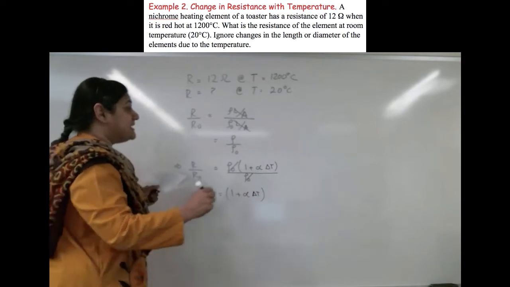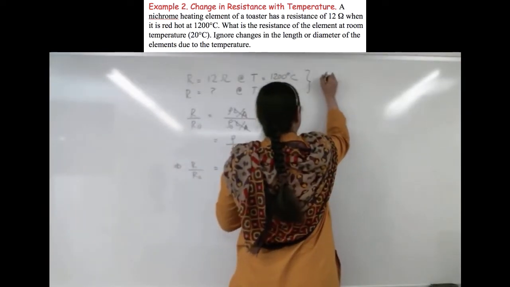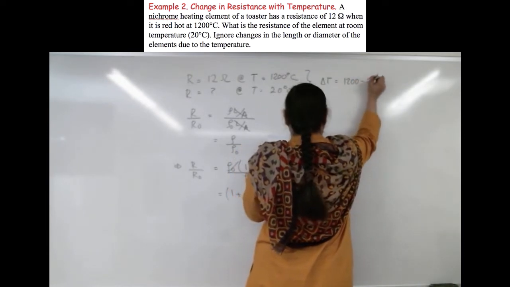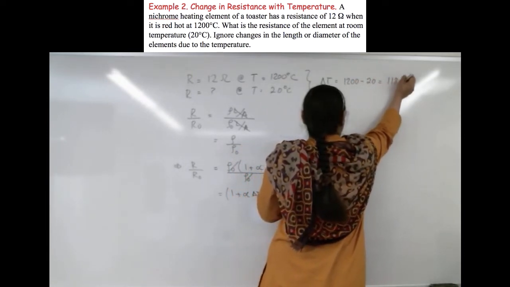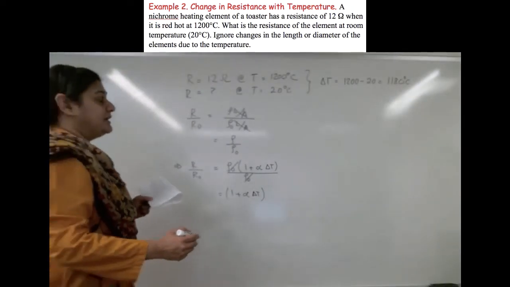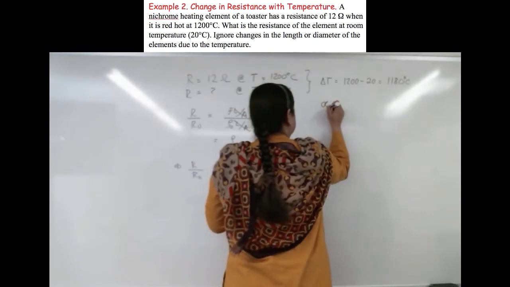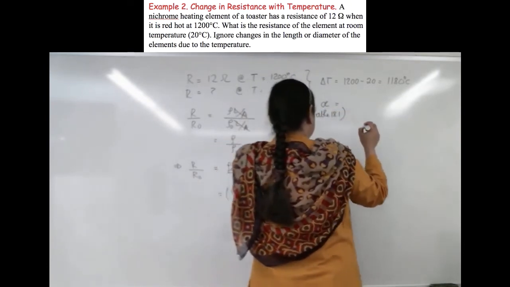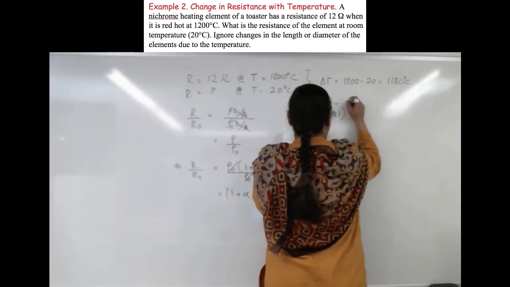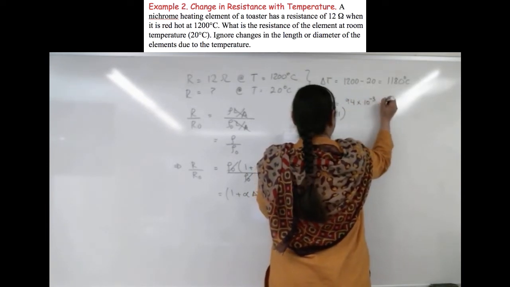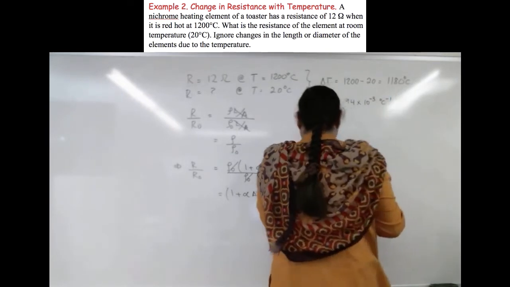Now what is delta T? Delta T is the difference between 1200 minus 20, which is 1180 degrees Celsius. Alpha is given by table 18.1 in our book, which will equal, sorry, 0.4 times 10 to the minus 3 degrees Celsius inverse.